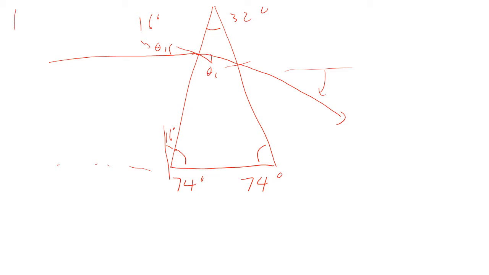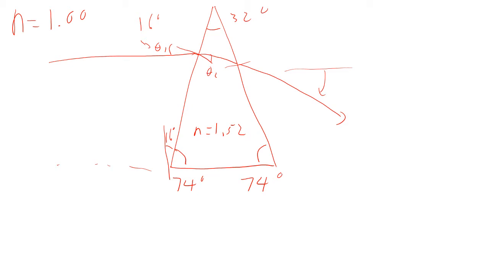Now all we've got to do is find theta 2, and what we need to know is the index of refraction. Let's say the index of refraction outside is 1, so it's going to be air. The index of refraction of air is just slightly bigger than 1, it's 1.0003, but that's going to be 1 to the number of significant figures that we typically worry about. The index of refraction here, let's say it's glass, 1.52.